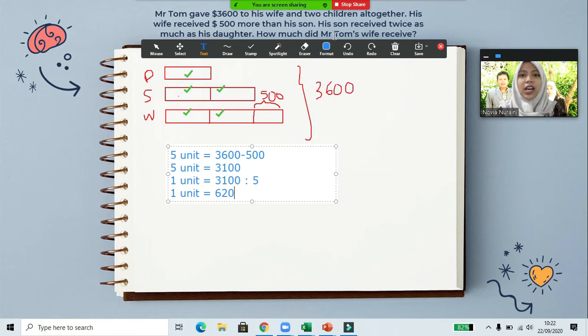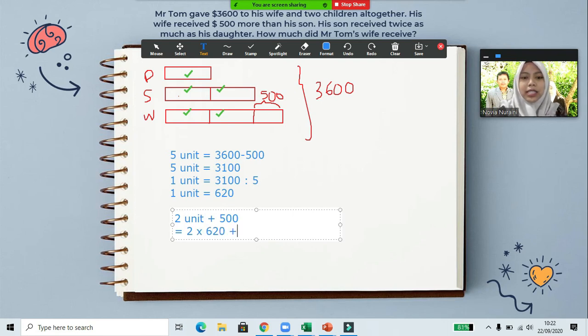But the question is, how much did Mr. Tom's wife receive? If we see here, the wife received 2 units plus 500. That means 2 units mean 2 times 620 plus 500. What is that? 2 times 620 is 1,240, plus 500.